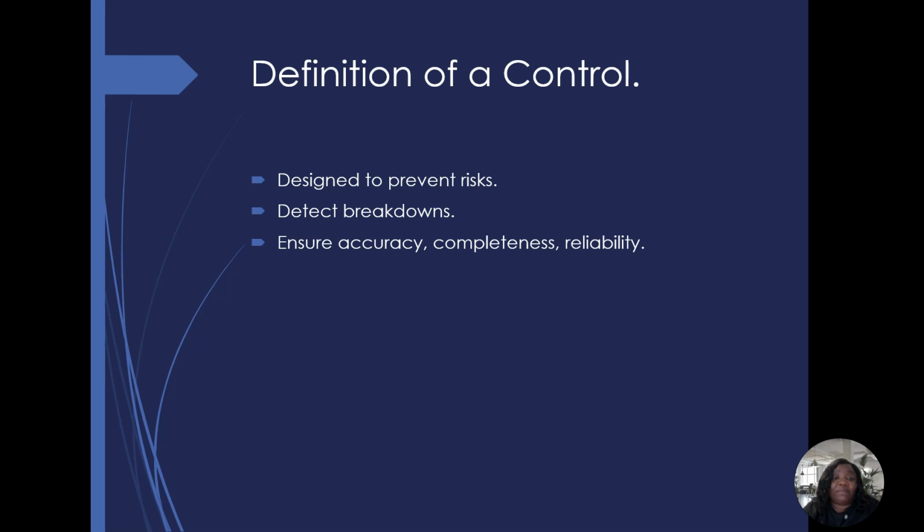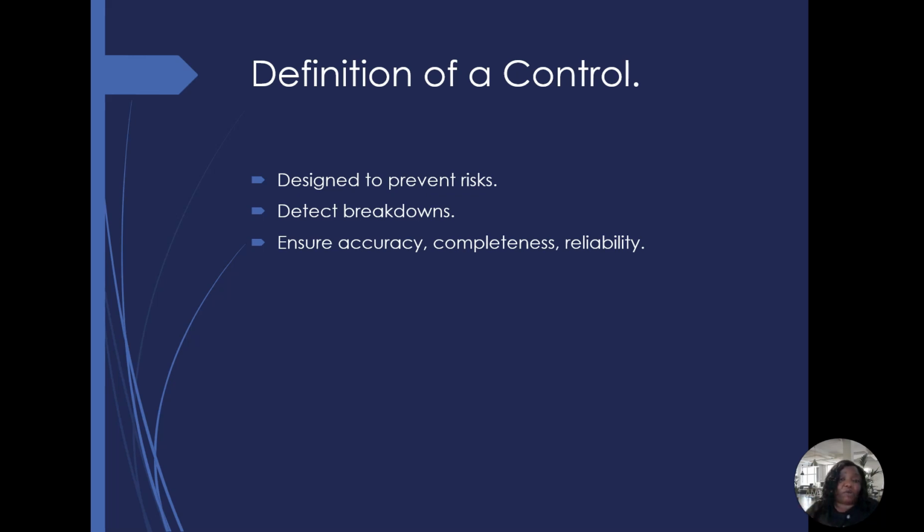Before I go further, let me define control. Some people will be like, oh, why is she talking about a control failure? What is even the meaning of a control? In practice, controls are designed to mitigate specific risks within a process or a system. You have identified there is a risk, so you are putting something in place to mitigate or control that risk.